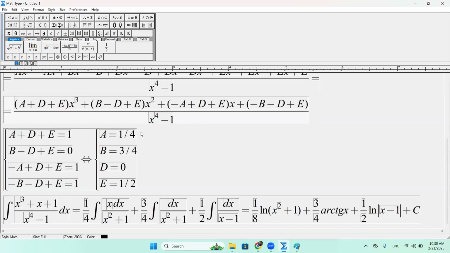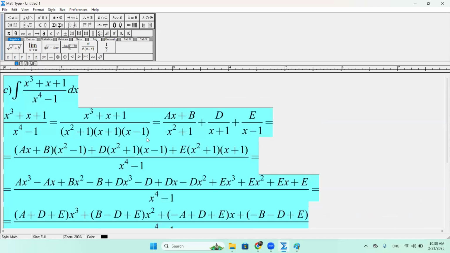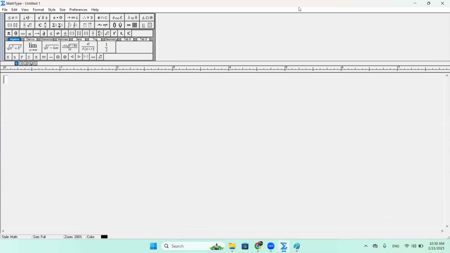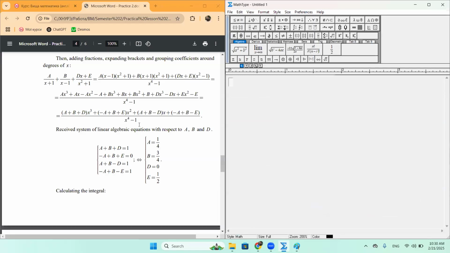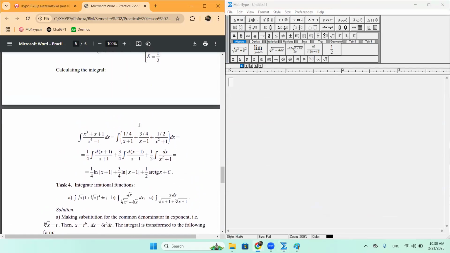Okay, let's continue. I guess that everyone finished writing down. So now we are moving to integration of some irrational functions. Actually, all rational fractions are integrable, but what about irrational functions? Not all of them.